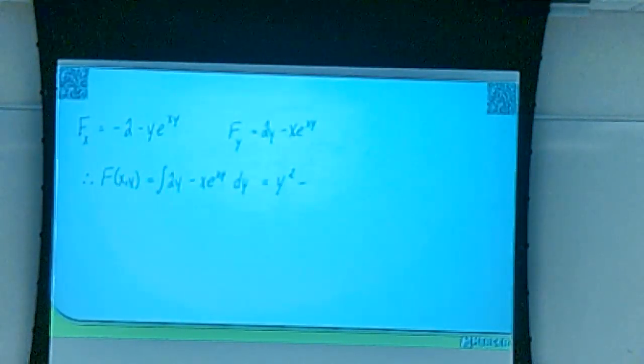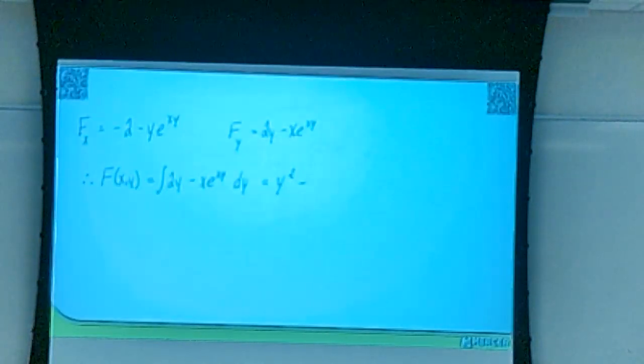What is the antiderivative of x e to the xy with respect to y? Just going to be xy e to the xy? What is it? That's partial with respect to x.